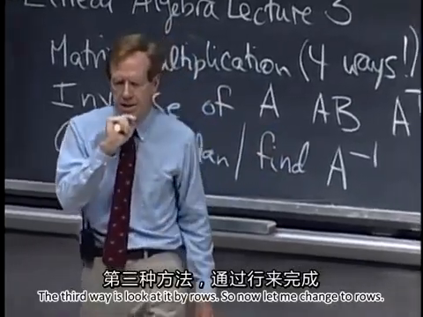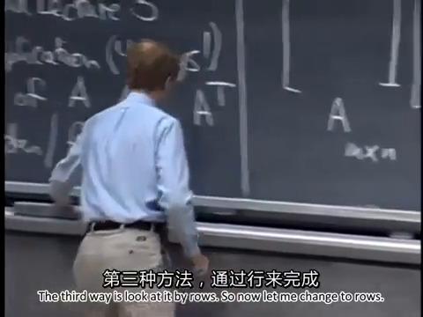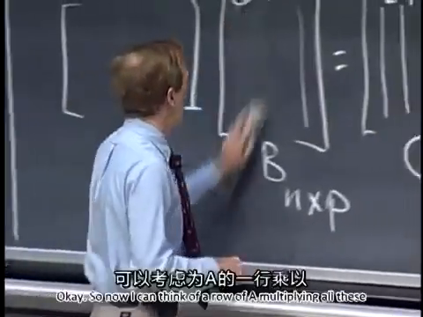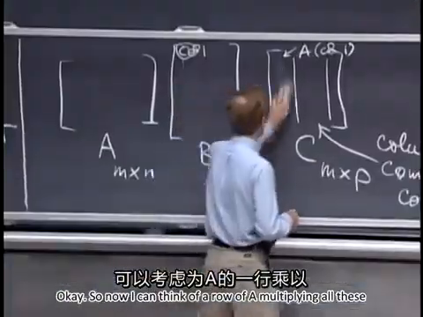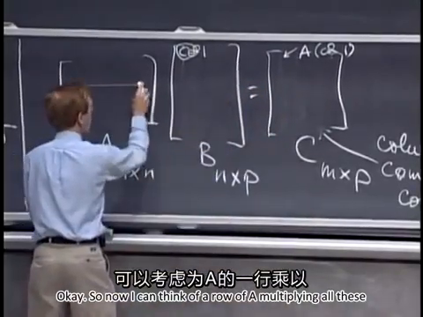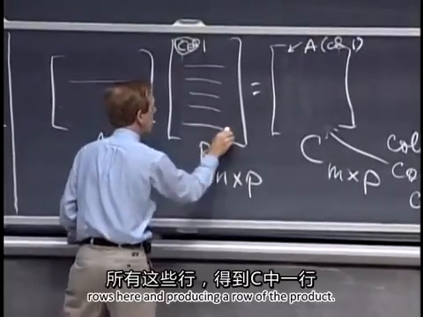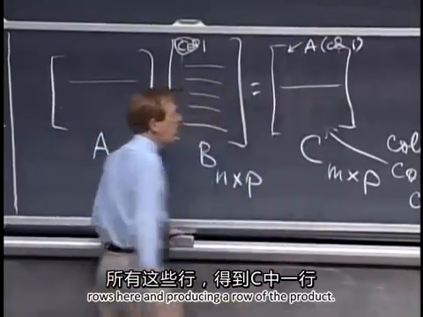The third way is to look at it by rows. So now let me change to rows. Now I can think of a row of A multiplying all these rows here and producing a row of the product.